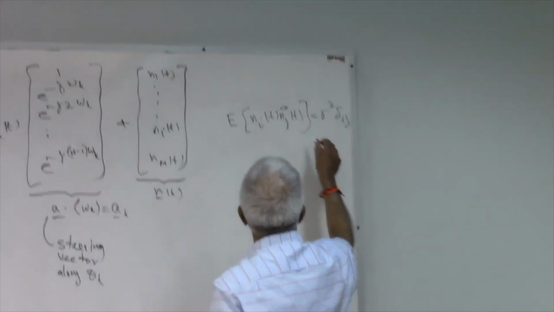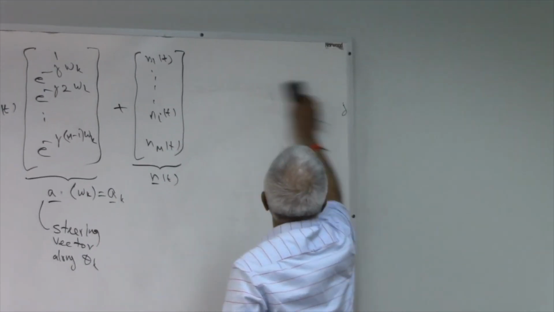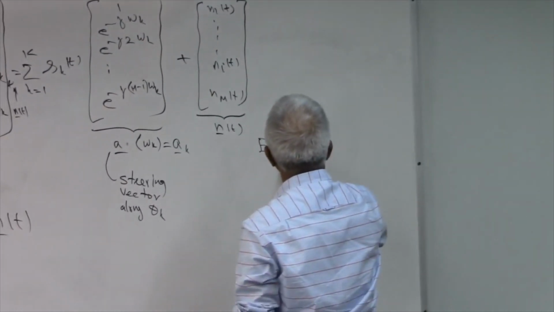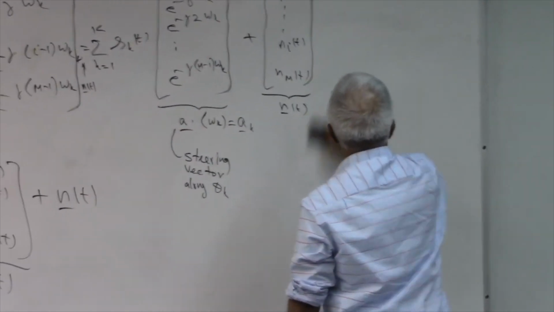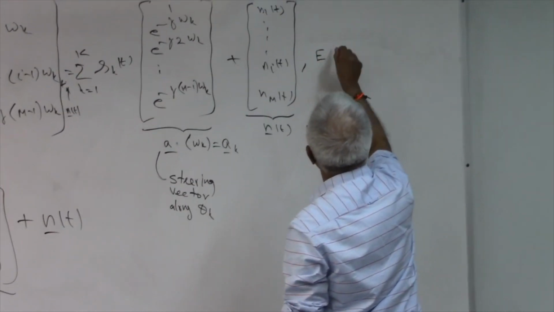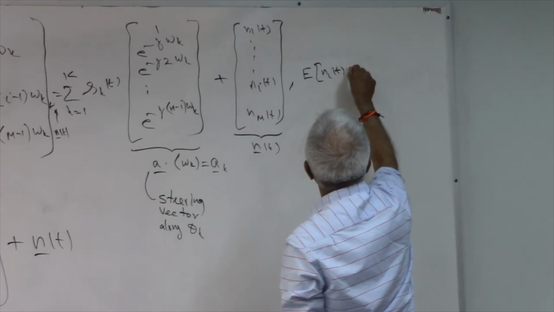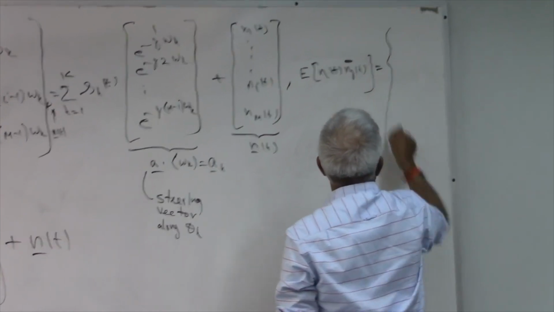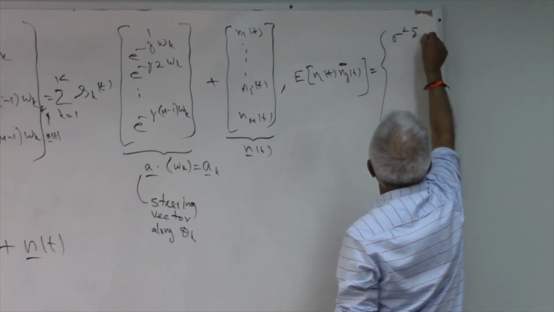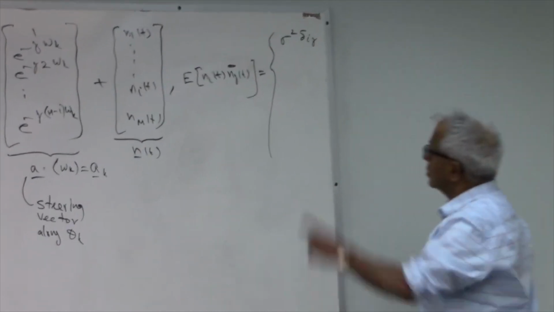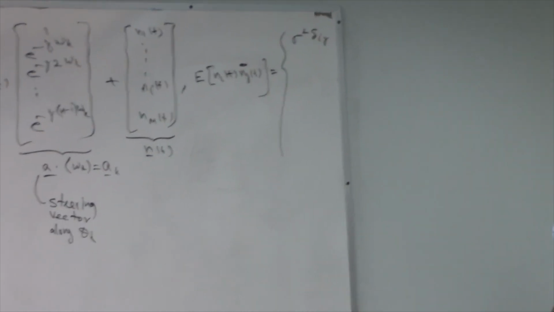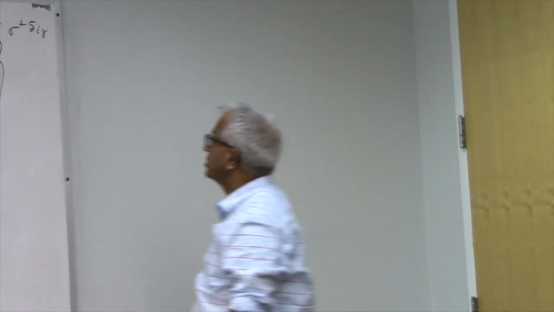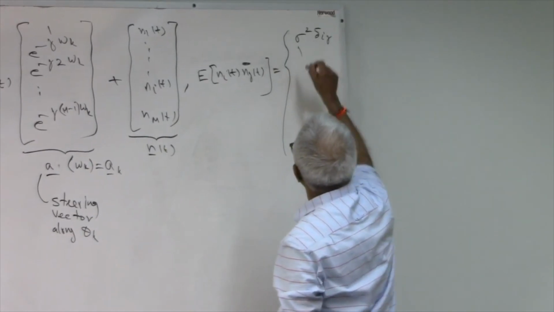So the expected value of n_i(t) n_j(t)*, that means when i is not equal to j, the noise is uncorrelated. And when i equals j, they all have equal variance.